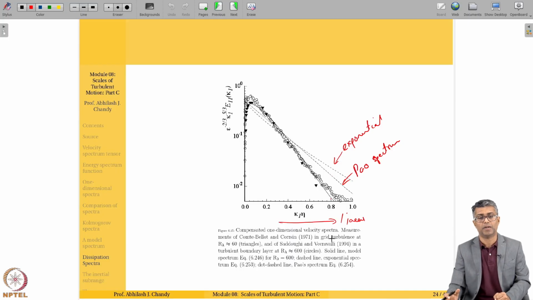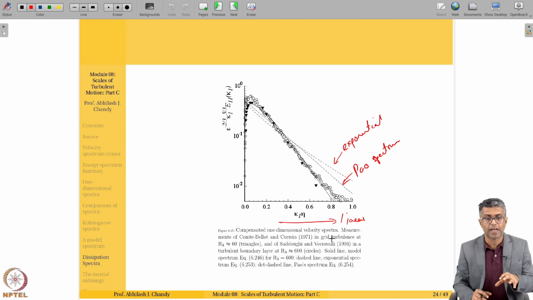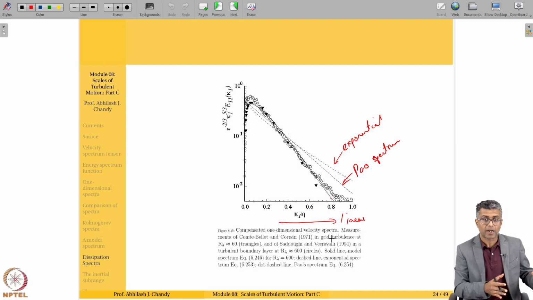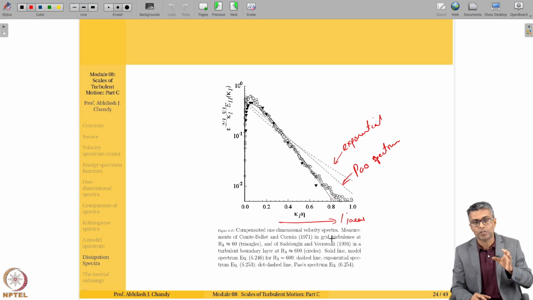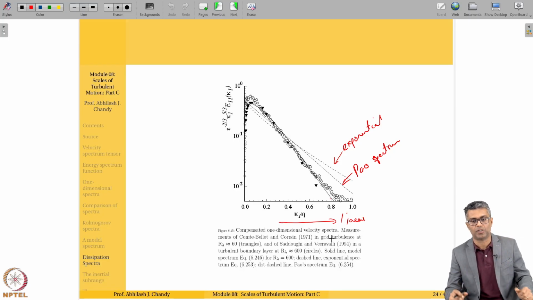That's what we have done here. Your energy containing range is not really visible from this plot, right? It's there, in terms of the experimental results and the model spectrum. But by putting this on a linear scale and by compensating the 1D spectra, you have enhanced the dissipation range. And there's a reason for doing that.